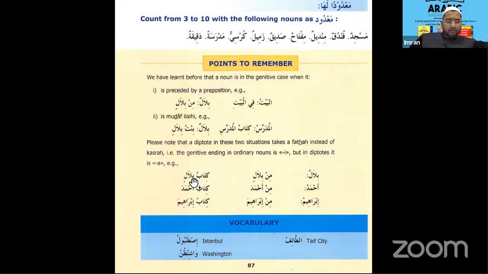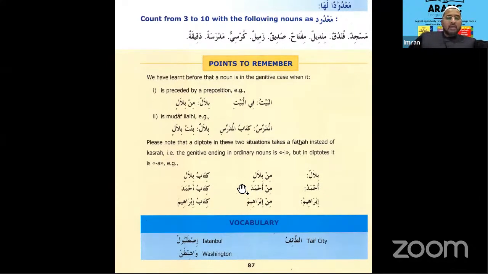So what you're seeing here now, Sister Kulsum: kitabu Bilalin, mudaf ilay, getting a kasra tanween. Min Bilalin, after a preposition, kasra tanween. But Ahmad and Ibrahim are both diptotes. When it comes after a harf jar like min, it doesn't get a kasra tanween, it gets a fatha.